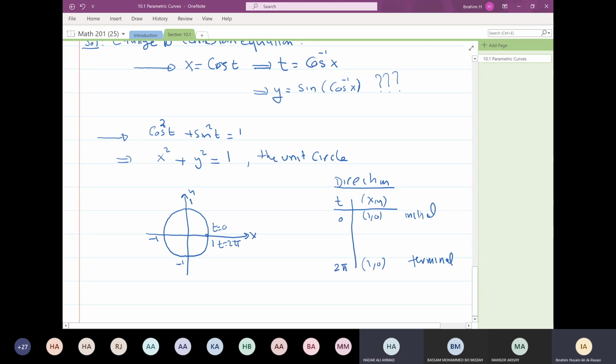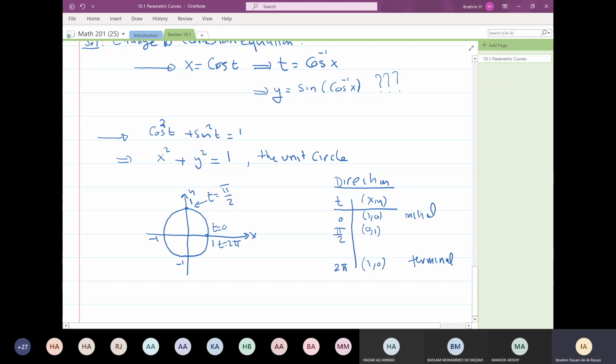Okay. So the initial is the same as the terminal. Since they are the same point, the direction is not clear. So you have to take a third point, any point between 0 and 2 pi, for example pi over 2. When you take pi over 2, you get 0 and 1. So this is the point here, which is t equals pi over 2.